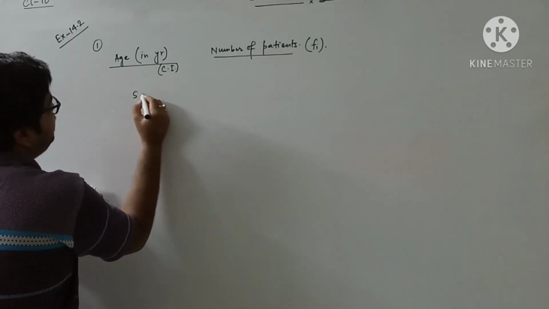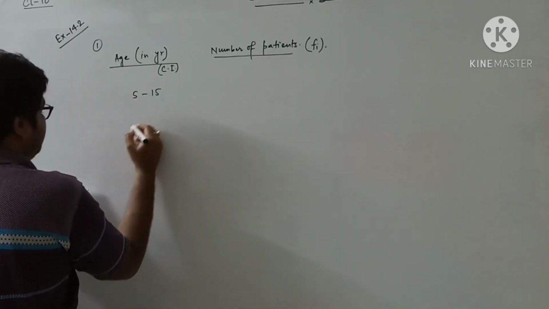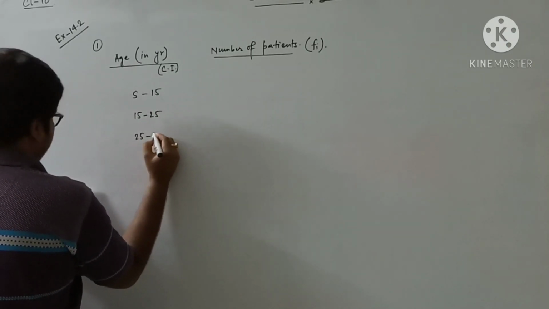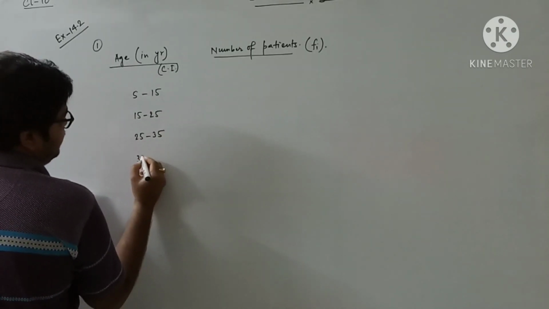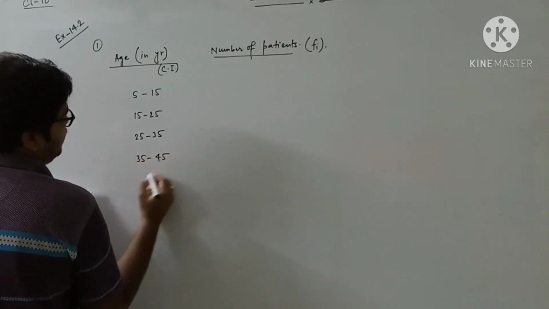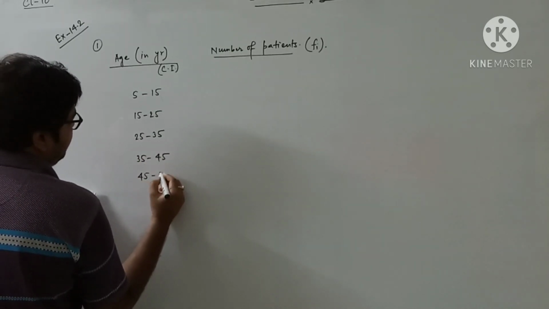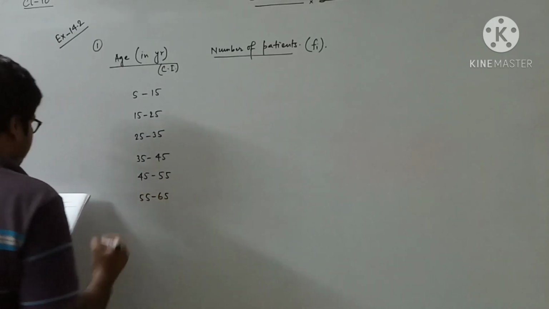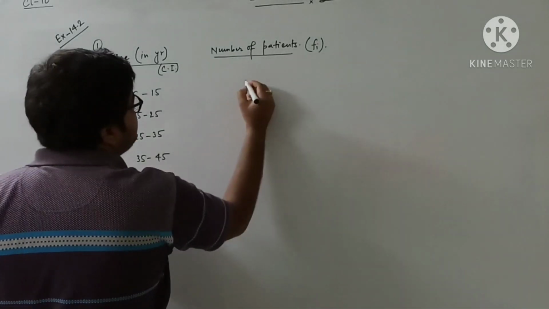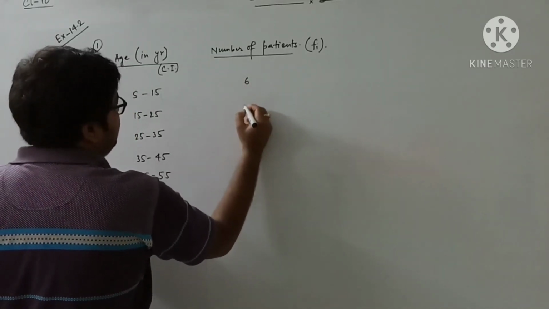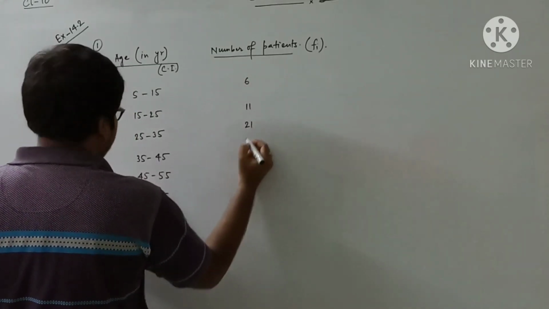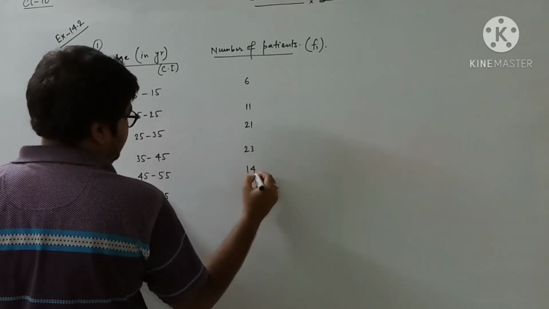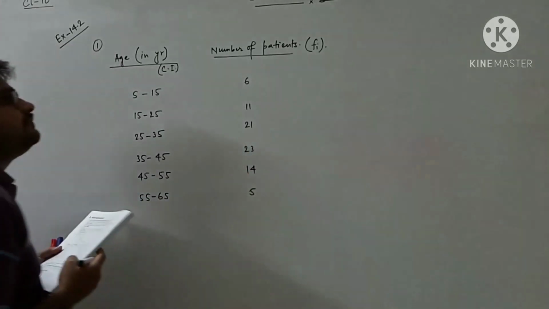The first one is 5 to 15, then 15 to 25, 25 to 35, 35 to 45, 45 to 55, and then 55 to 65. And the numbers of patients are 6, 11, 21, 23, 40, 5. Okay?